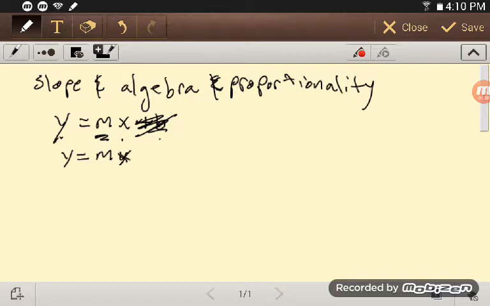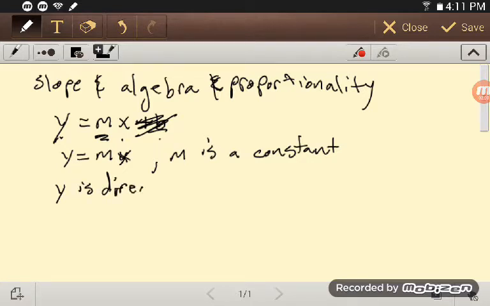So what we have is that y is equal to some constant times x. So here m is a constant. Now, if we restrict m to be a positive number, then what we say is y is directly proportional to x.